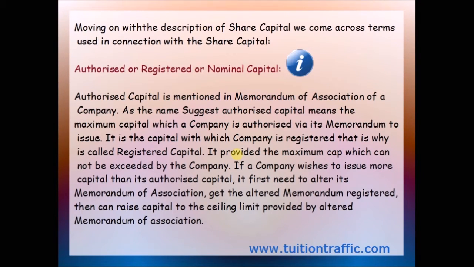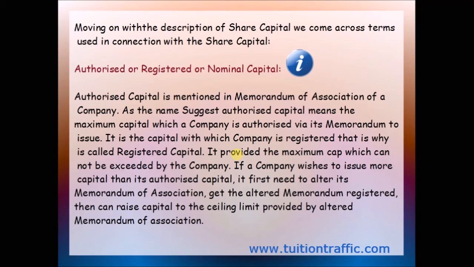It provides the maximum amount which a company is authorized to issue to the general public. No company has authority to issue capital more than the authorized capital mentioned in the memorandum of association. Such capital is also known as registered capital because it is the capital with which the company is registered.